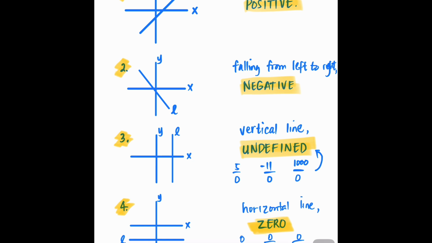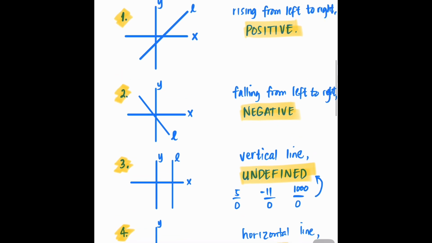Which is technically the opposite of the third case, which is undefined, right? Okay, so whenever a line graph is given and you are asked to identify what the slope is, if it's positive, negative, undefined, or 0, just remember these 4 cases. That's for our part A, if the line graph is given.